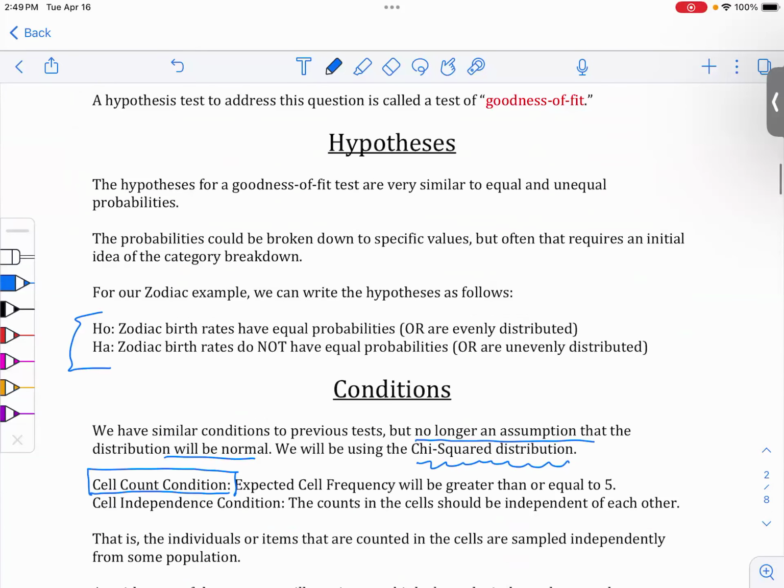Because our hypotheses, all right, we wrote them in words. That means if you did a good job on your hypotheses, then you have those hypotheses already explained in context. There is weak evidence to show that zodiac birth rates are unevenly distributed.